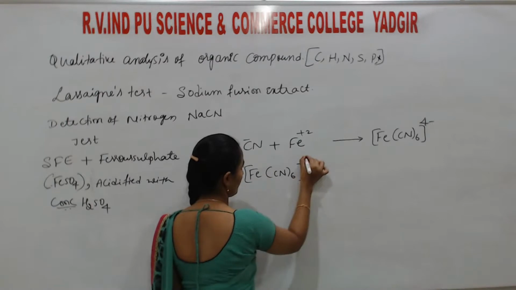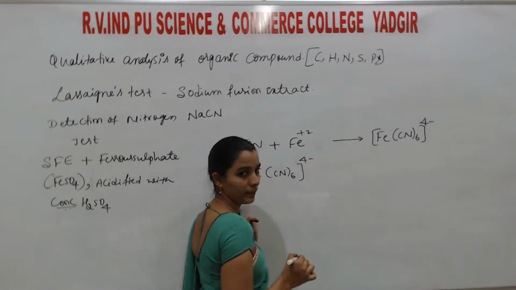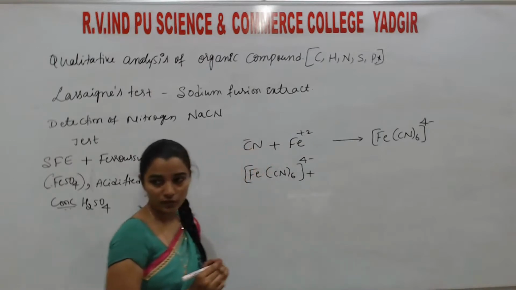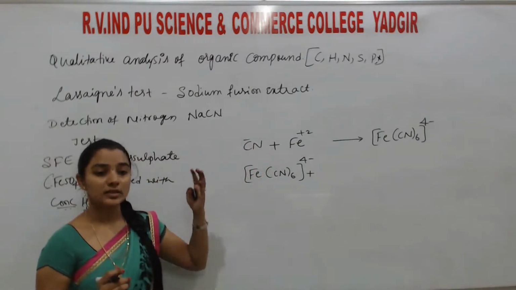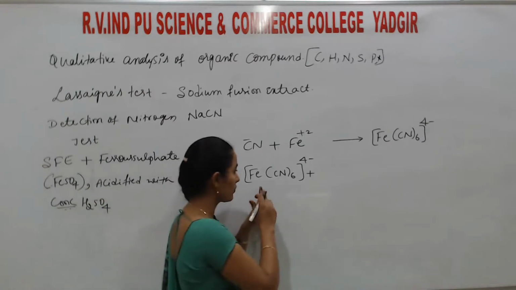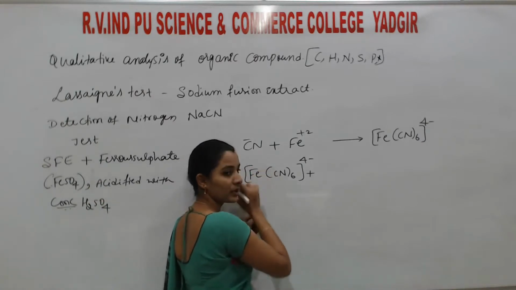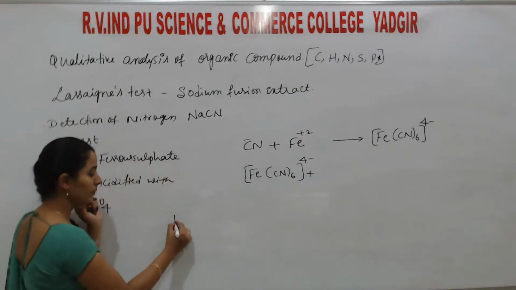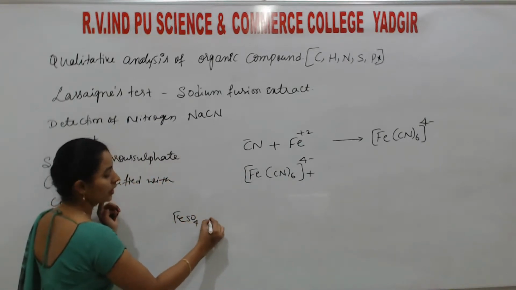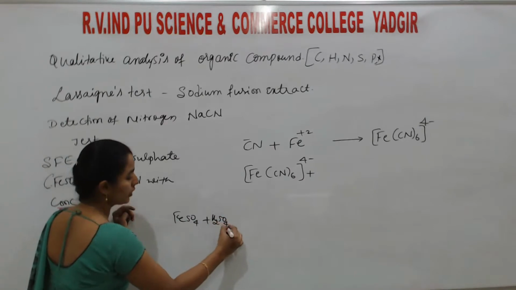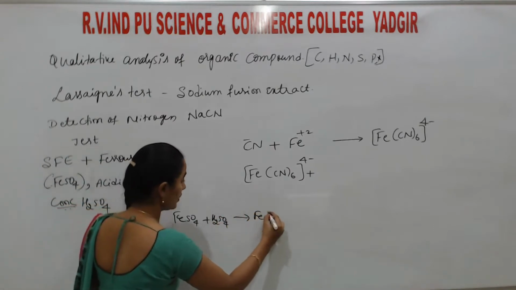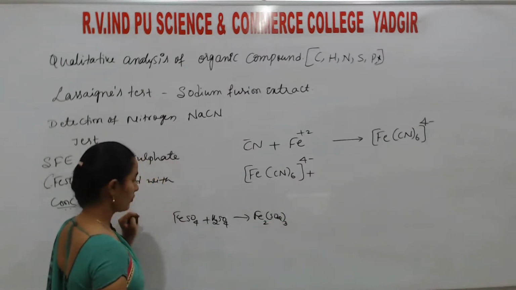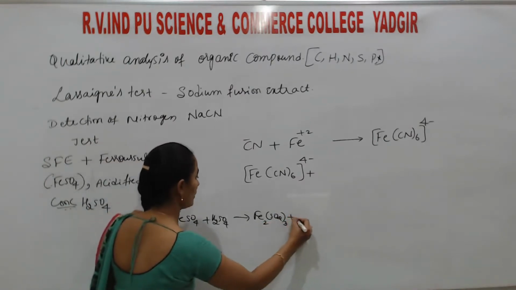When it is acidified with concentrated H2SO4, some of the Fe plus 2 ions of FeSO4 are converted: FeSO4 treated with H2SO4 forms Fe2(SO4)3 plus H2.